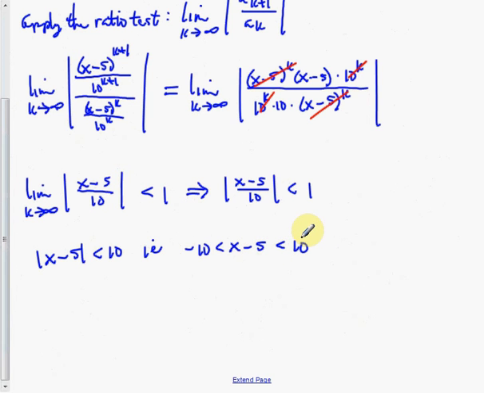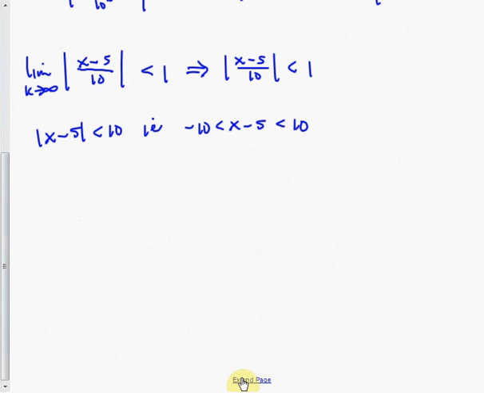Adding 5 through, we have negative 10 plus 5 is negative 5 less than x less than 10 plus 5 is 15.